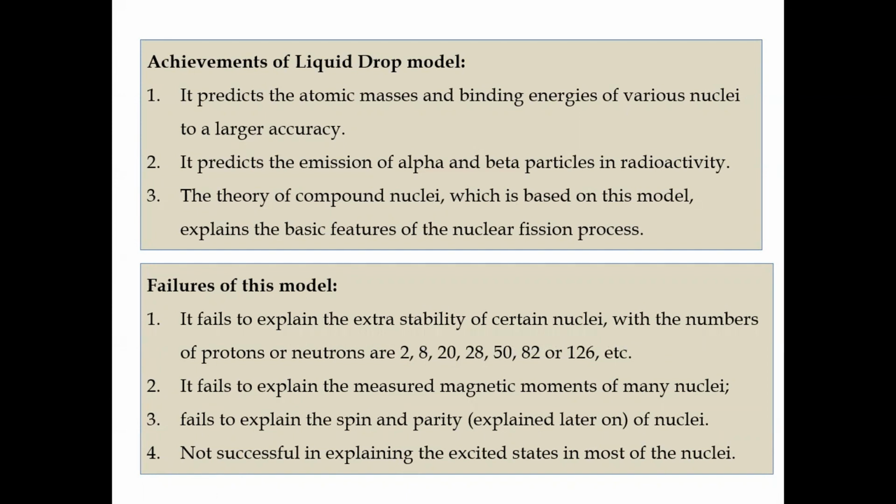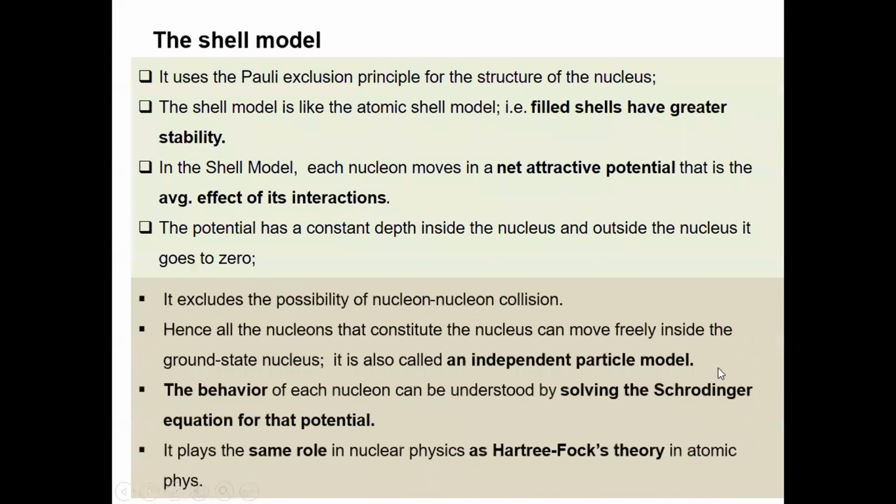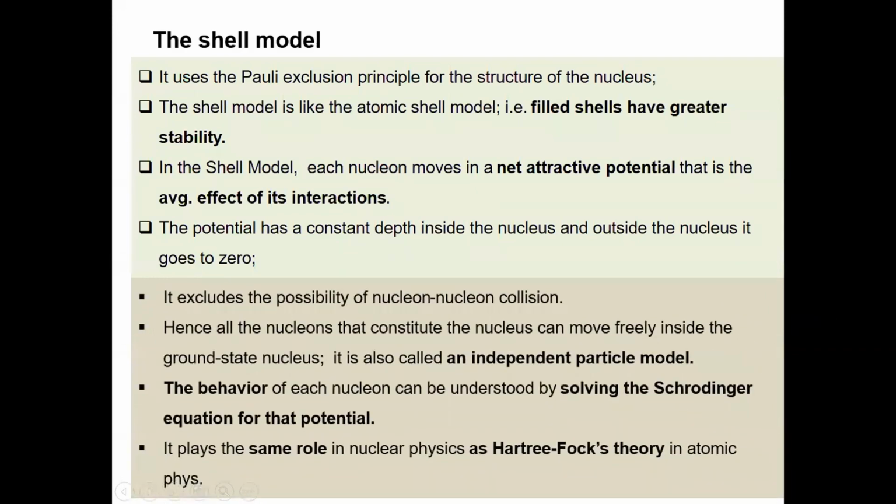We don't know how these can be fitted in the liquid drop model. It fails to explain the measured magnetic moments of many nuclei. It fails to explain the spin and parity, which we hope will be explained through the shell model. So we move further and we go to the shell model.